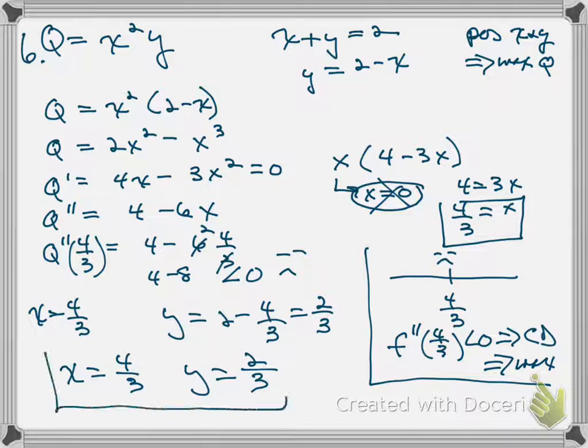They didn't ask me to figure out q, so I'm going to stop there. If I were to figure it out, I had gotten q equals 32/27. But again, they didn't ask for that, so you're not required to solve for it.